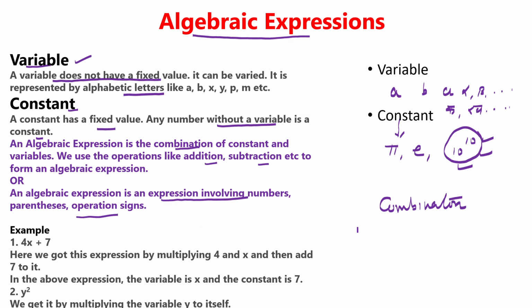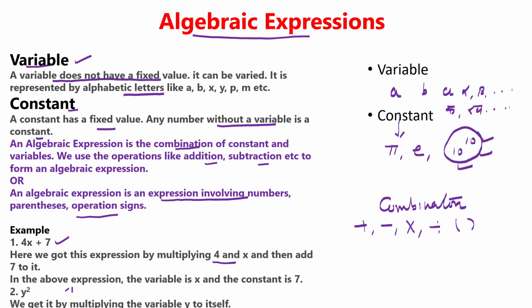We can use plus, minus, multiplication, division and all the brackets. These are the mathematical operators we can use for making algebraic expressions. Consider the example 4x plus 7. If we multiply 4 and x, then add 7, we get 4x plus 7.